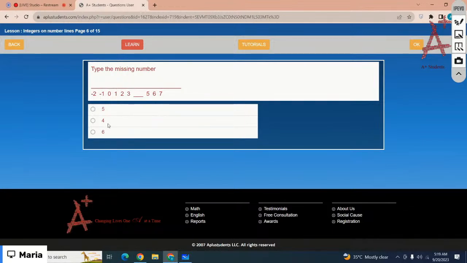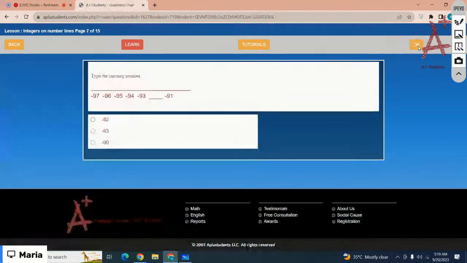It is 4. Type the missing number. Which is the next one? Yes, it is. Very good. Negative 92 it is.